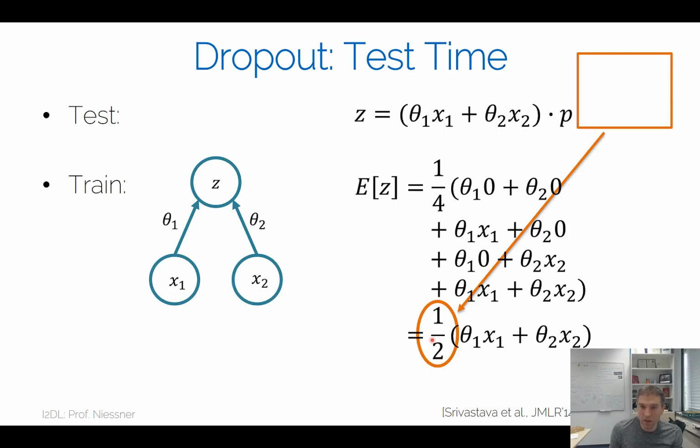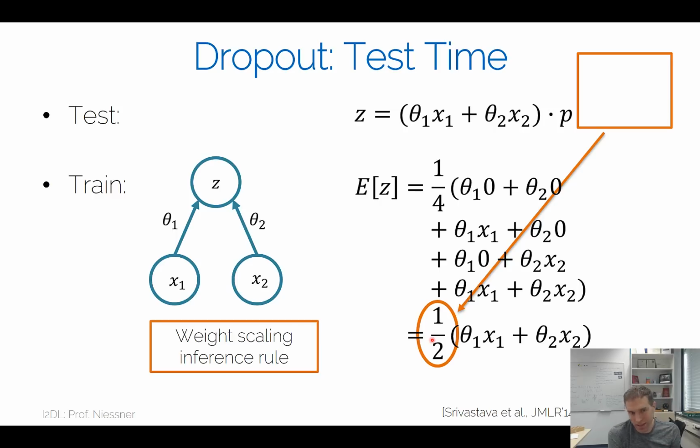So our dropout rate will scale our expected value in the output, and because of that, we have to change that. All we have to do is the weight scaling based on the inference. In this case, our dropout probability is 0.5, which means this will change by 1/2, and we have to account for that factor, right? And if you change the dropout probability or the dropout rate, then you also have to change the respective correction that you're running at test time. Intuitively, this makes sense, right? If I have half of my neurons disabled in the training pass, then my activations will be only half the size.